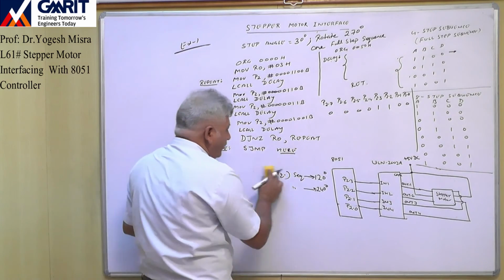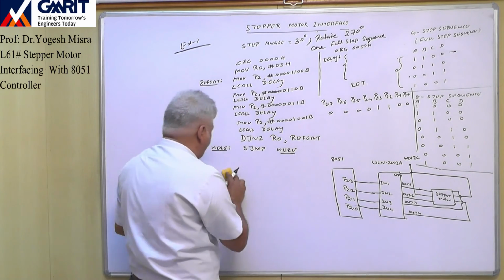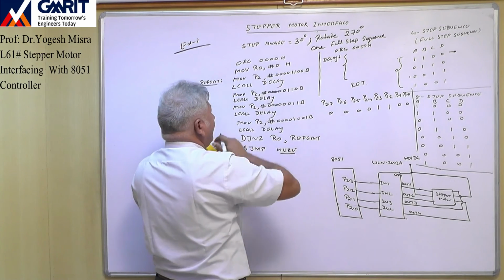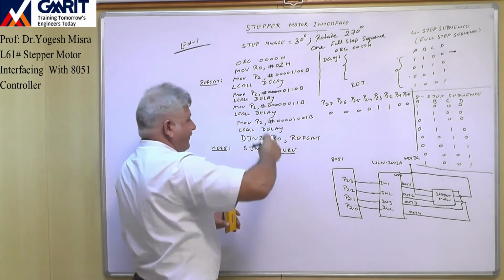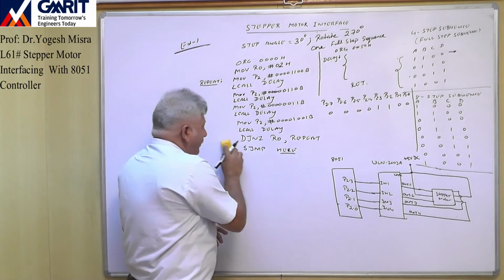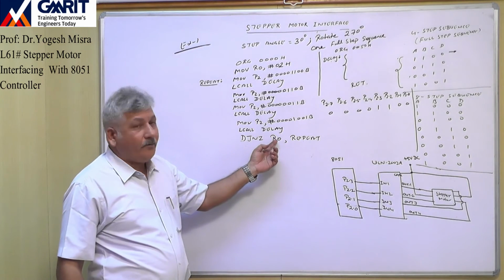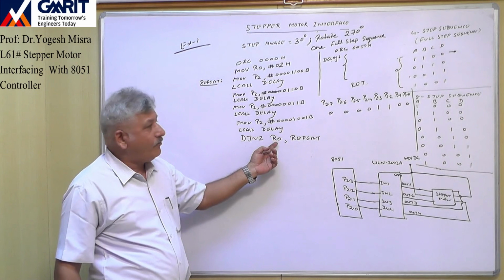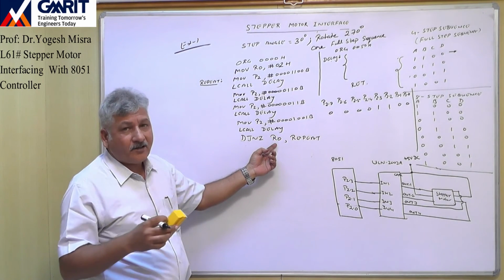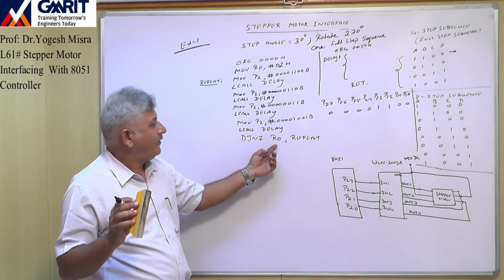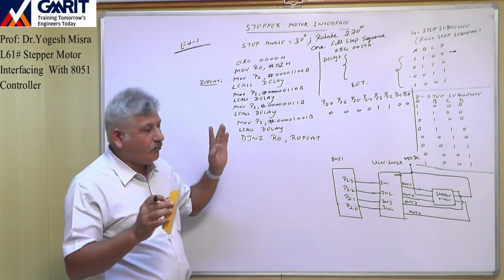For this, 2 4-step sequences are required. So now in the R0 register, in place of 3 we will load the value 2. Once the value of R0 becomes 0, by that time the motor will have completed the rotation of 240 degrees. 2 full step sequences will be completed.